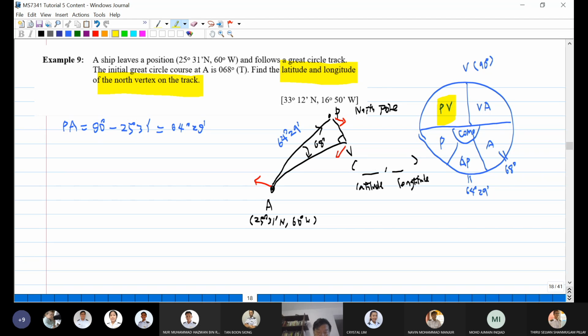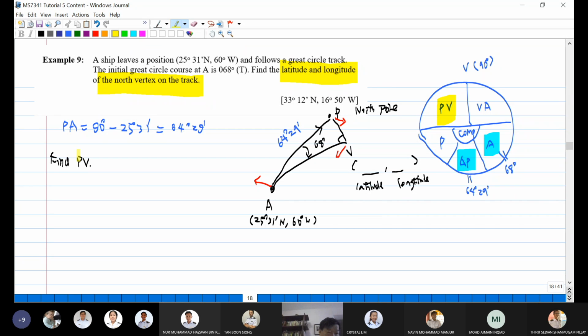PV is a middle part. There are two opposite. I use blue color here. So I'm going to find PV first. PV is an easy one.